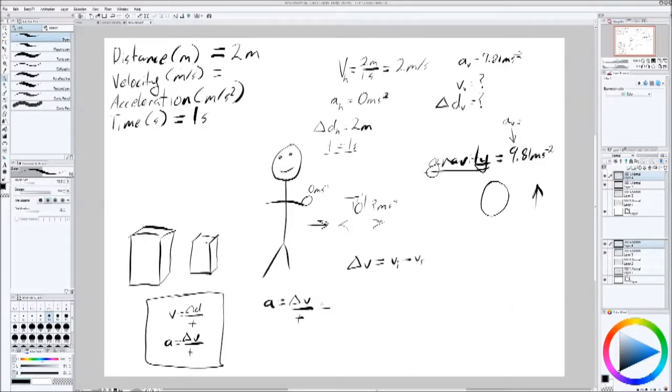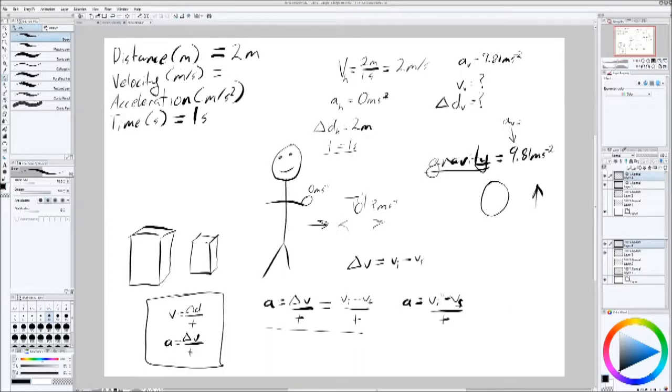So this acceleration then ends up becoming the initial velocity minus the final velocity all over time, which brings us into the equations that we'd be using for this stuff, which are called kinematic equations. Now, this particular equation does get rearranged a little bit, so we end up getting A equals Vi minus Vf over T. And if we rearrange that to get rid of this fraction here, so whatever we do on one side, we do on the other side.